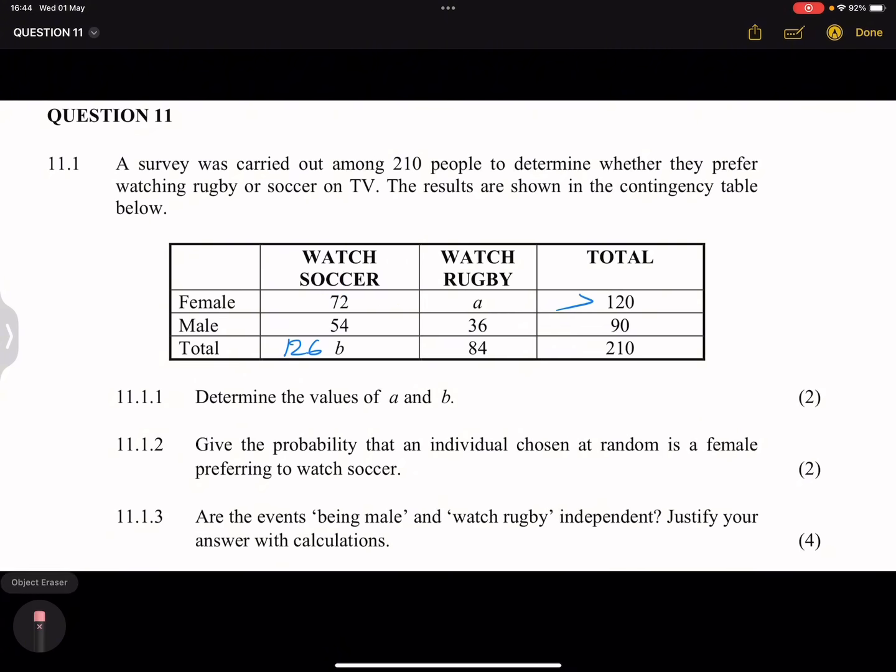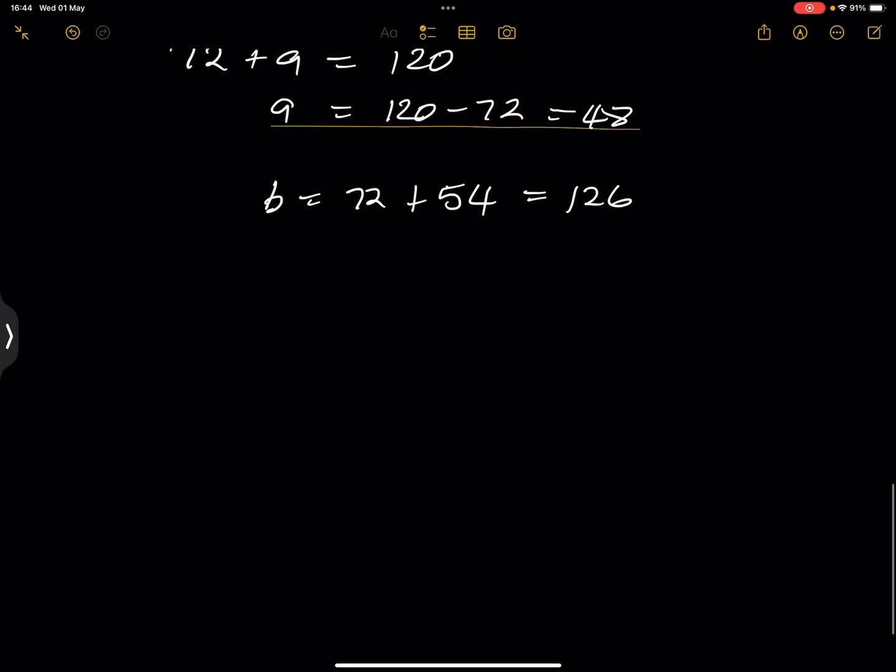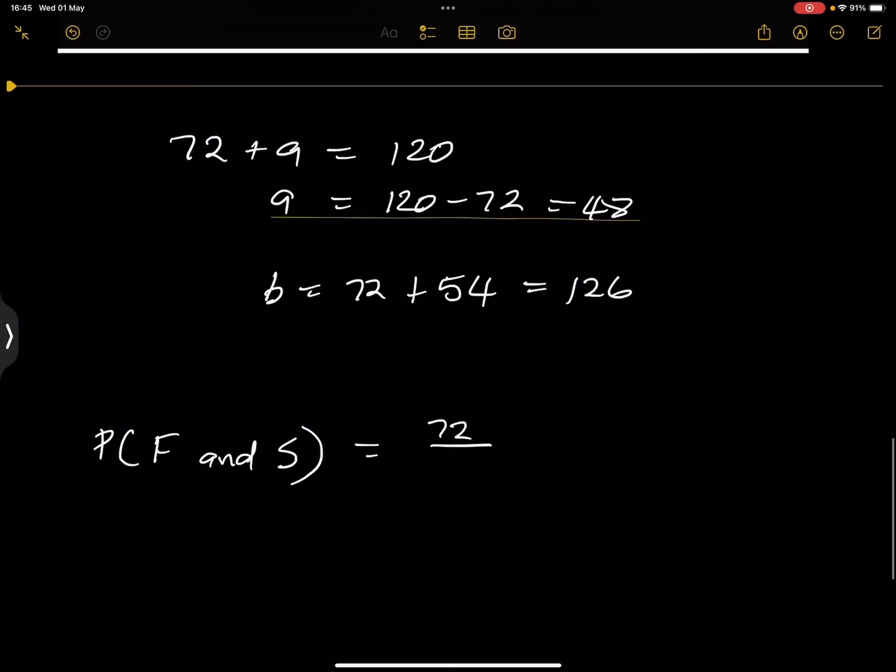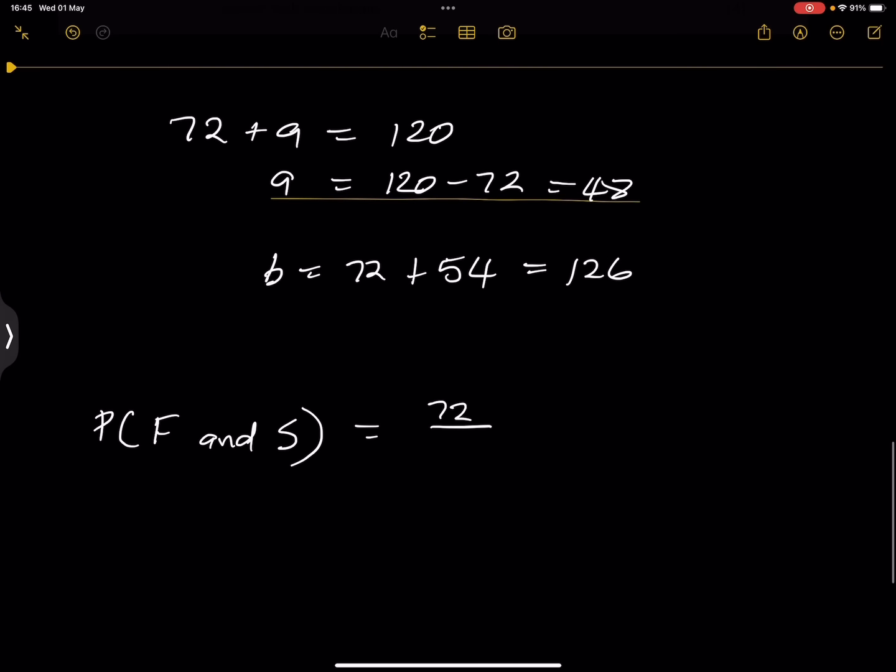So it's 72 of them, right? Out of a total population of 210, and so that would be our probability. So this would be the probability of female and soccer. Okay, so that would be 72 of them prefer to watch soccer out of a total sample space or population of 210, and that is the probability.